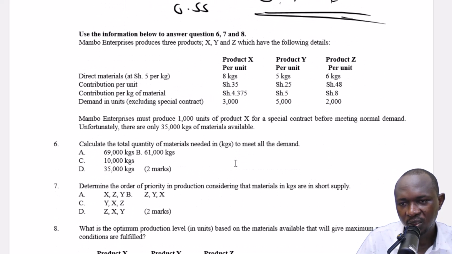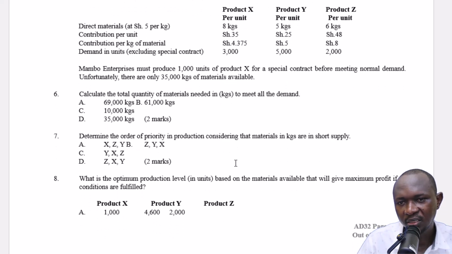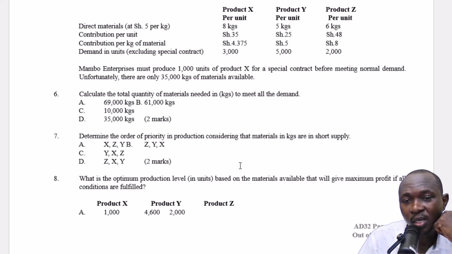Okay, question 6. Mambo Enterprises produces 3 products X, Y, and Z, which have the following details. Those are the products: direct material, contribution per unit, contribution per kg of material, demand. Mambo Enterprises must produce 1,000 units of product X for a special contract before meeting normal demand.